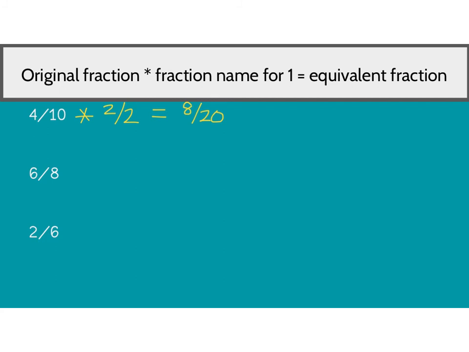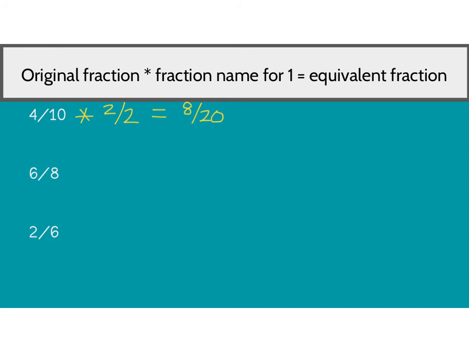Okay, that's one equivalent fraction. I could have also picked any other number to make an equivalent fraction for 4/10. So again, I took the original fraction times a fraction name for 1 and then got an equivalent fraction.